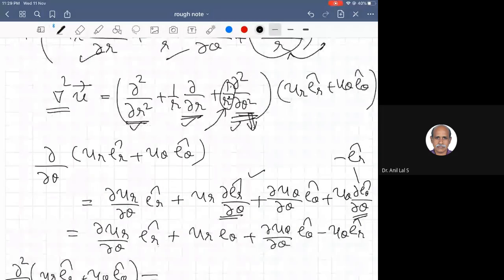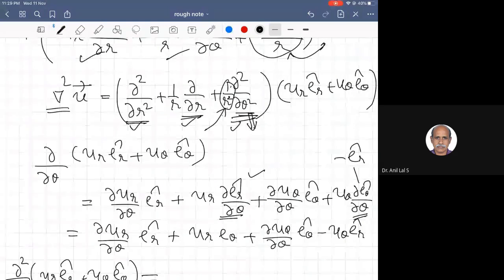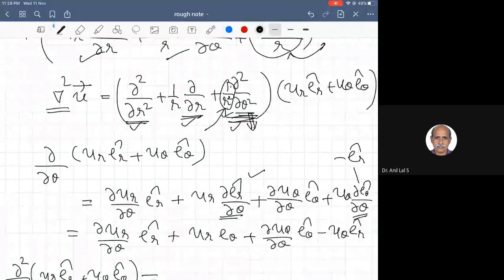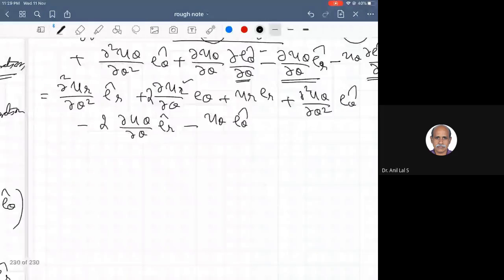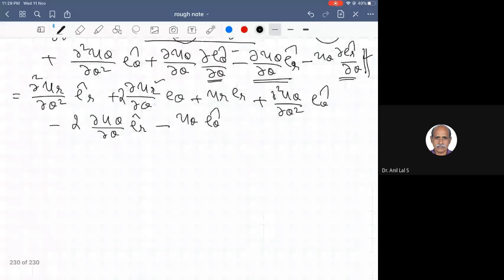So this term, earlier del squared, 1 by r dou by dou r, 1 by r squared dou squared by dou theta squared. So there is a 1 by r squared with this term. So the final equation will have a 1 by r squared multiplied. So 1 by r squared will be multiplied with all radial unit vectors.